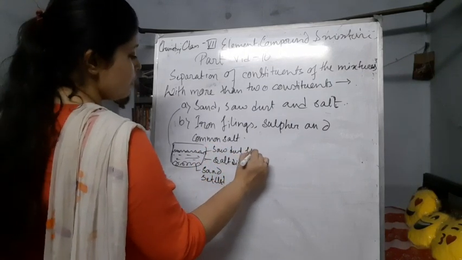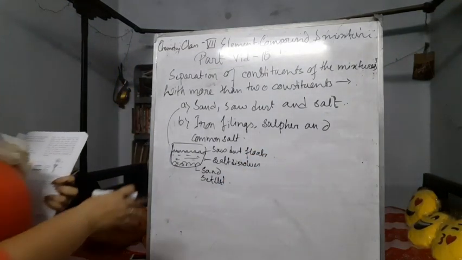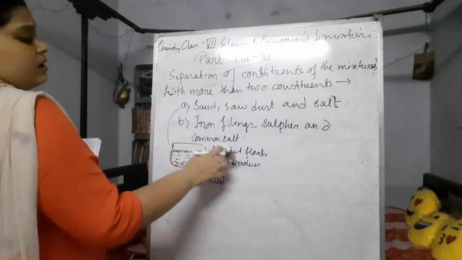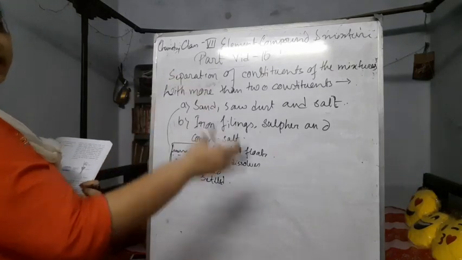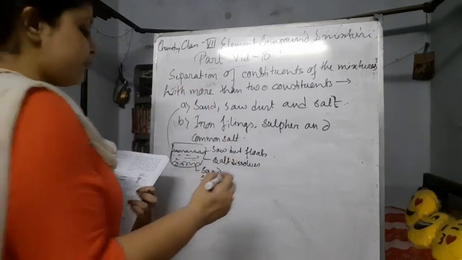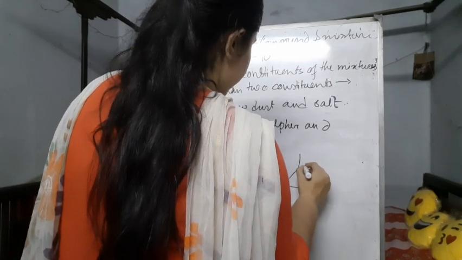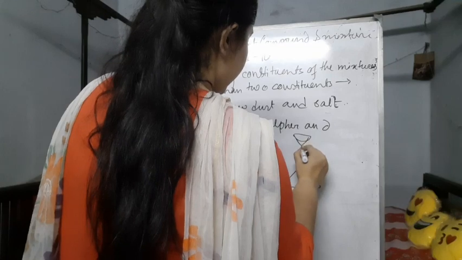After the sand settles down, we take it out, and the salt solution with the sawdust we pour into a different container, where a funnel is placed on a conical flask.